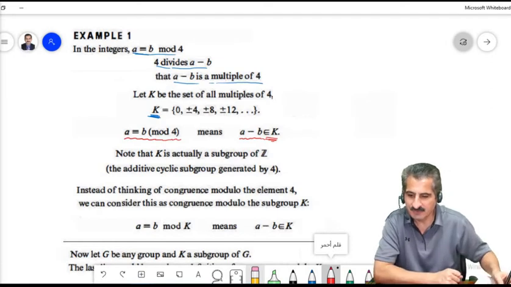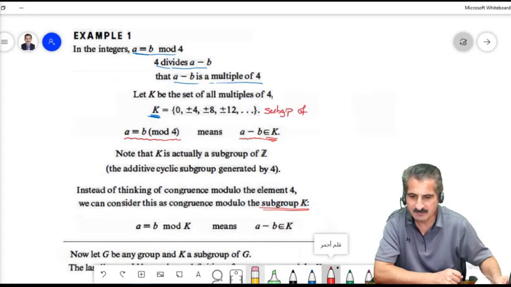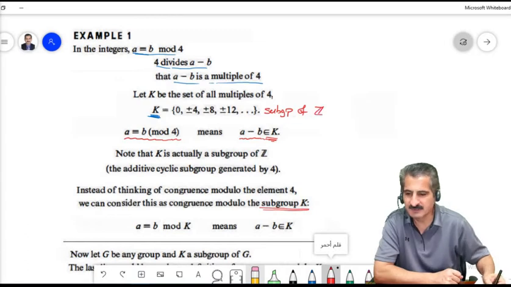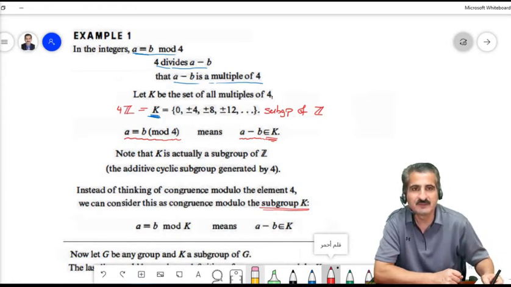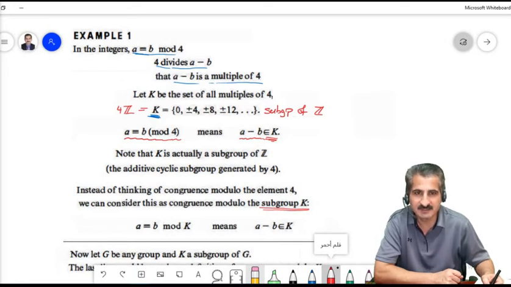Here, this K is a subgroup of Z, and we wrote it before as 4 times Z. Taking two elements from the group Z, where we are working with addition, we will say they are congruent modulo this subgroup if their difference lives inside this subgroup. So we started the generalization here.